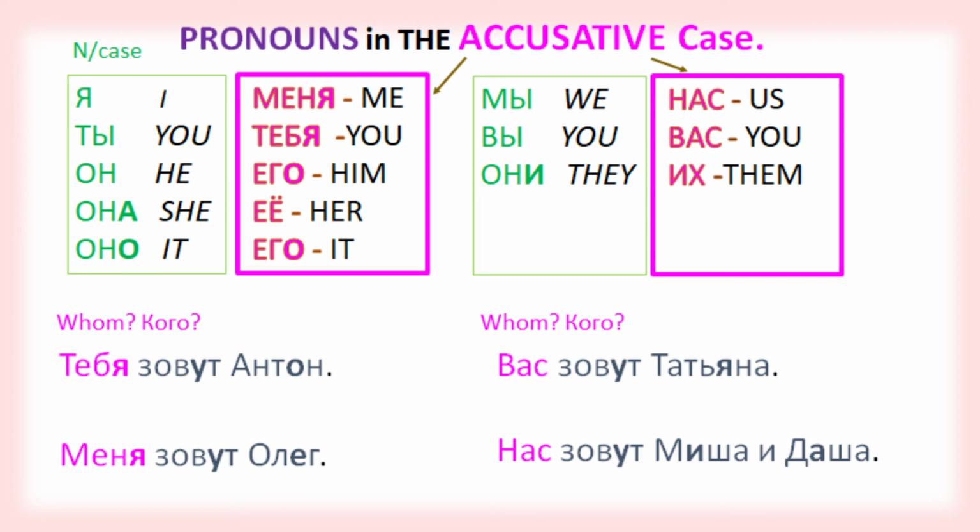You are called Anton. Меня зовут Олег. I am called Oleg. Вас зовут Татьяна. You are called Tatiana. Нас зовут Миша и Даша. Our names are Misha and Dasha.